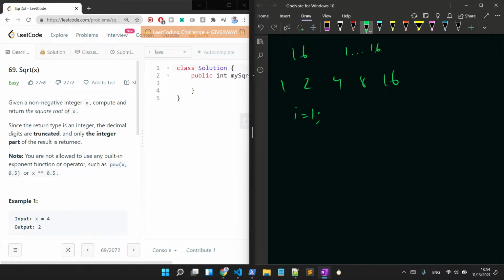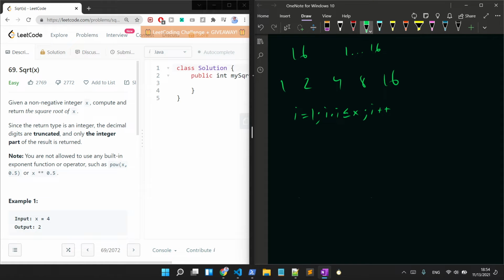So you do a little bit of algebra: you square both sides, which becomes i squared less than or equal to x. So that's what you do in your for loop. You say as long as i times i is less than or equal to x, and then you increment i each time. That saves us a little bit of time, and that makes the loop big O of square root of n instead of big O of n.